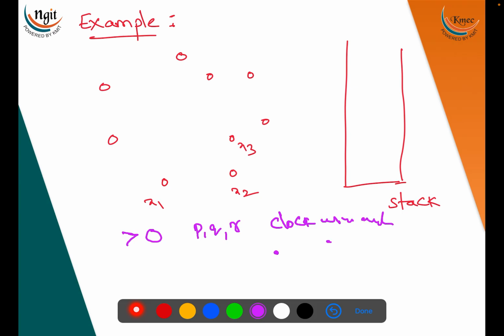That means P, Q, R are in a clockwise direction. If it is less than 0, they are moving in an anti-clockwise direction. As we saw in the previous figure in the Graham-Scan algorithm, we always want an anti-clockwise angle, so we want to sort them in increasing order. Now we will choose the point from where we are moving.